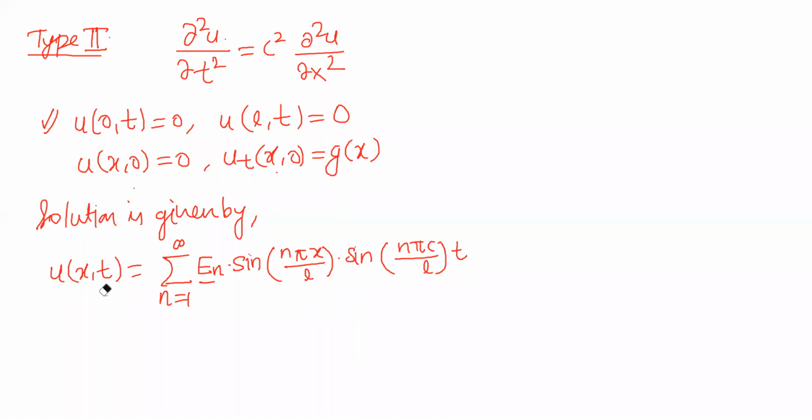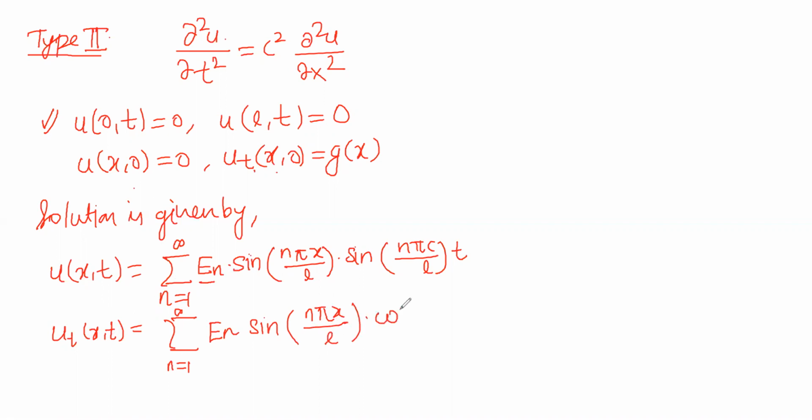This is not correct, so I'll ignore it. Now let us differentiate them just to apply this condition. So I'll differentiate this entire series. Since this series is convergent, it can be differentiated term by term. Now I'll differentiate with respect to t. Rest of the things will remain the same here: n equal to 1 to infinity En, and this sine term will not be affected because the derivative is with respect to t.